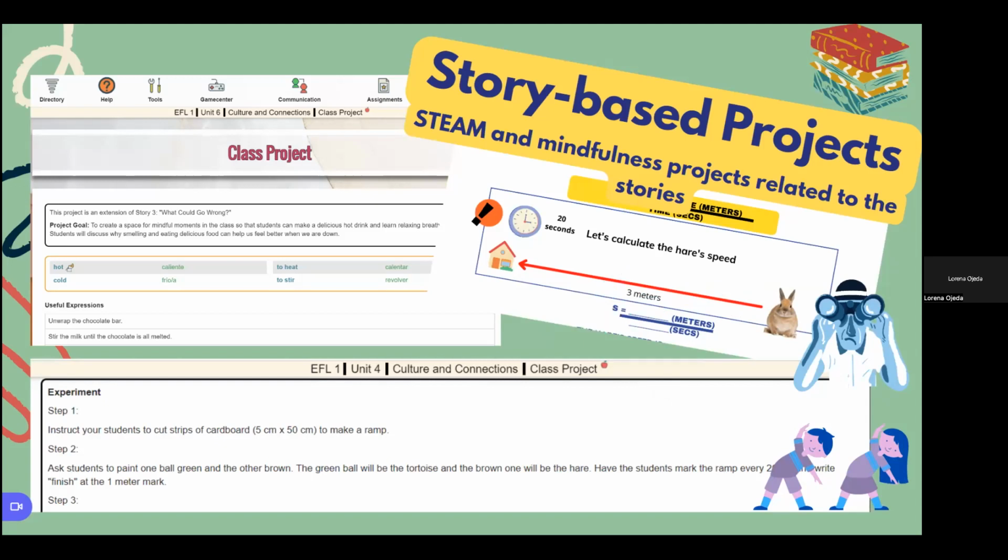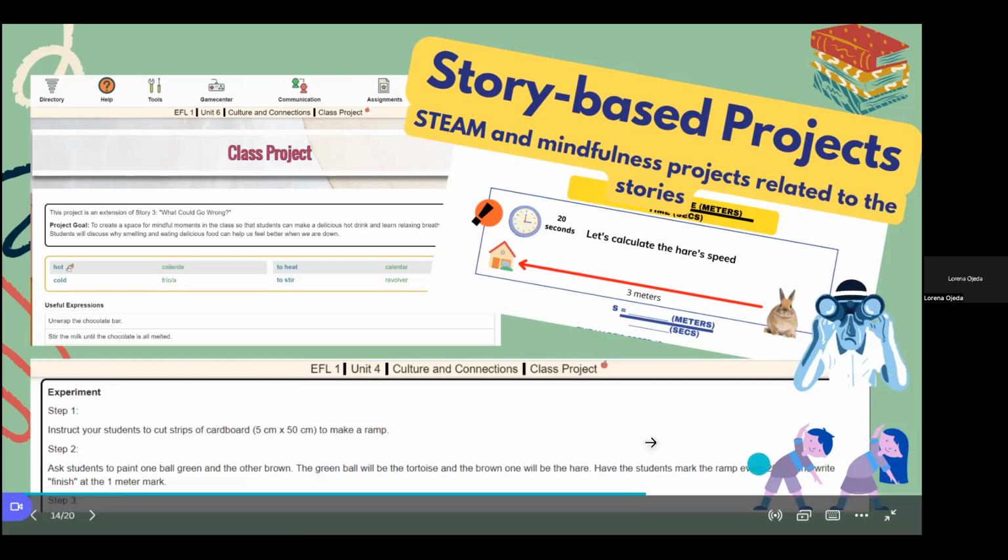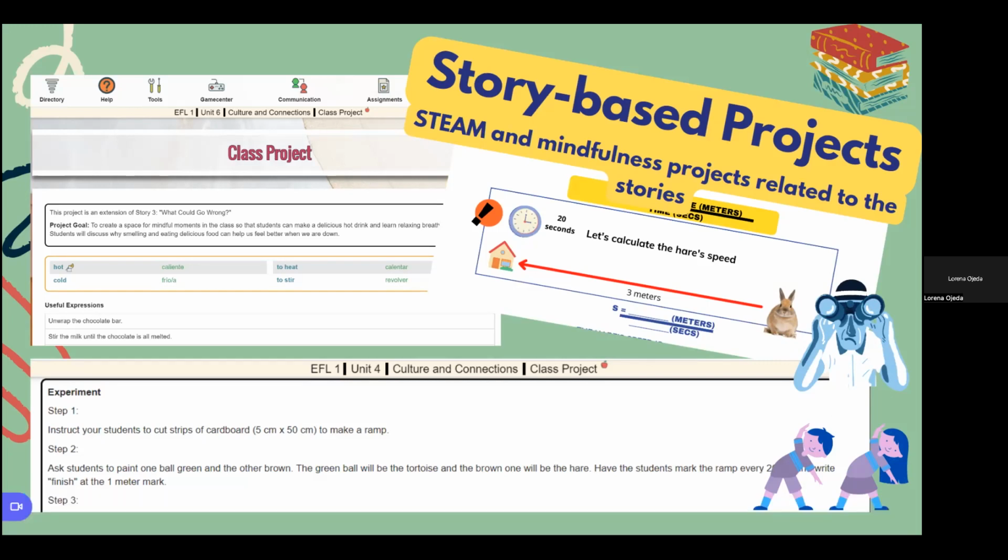With this type of activity that is also inspired by a story, we're going to develop the visual learning style, which is based on observation, but also the kinesthetic, because by measuring speed, not only will they incorporate content-based learning, which is knowledge about physics, but at the same time, they will experience what it is to measure that.